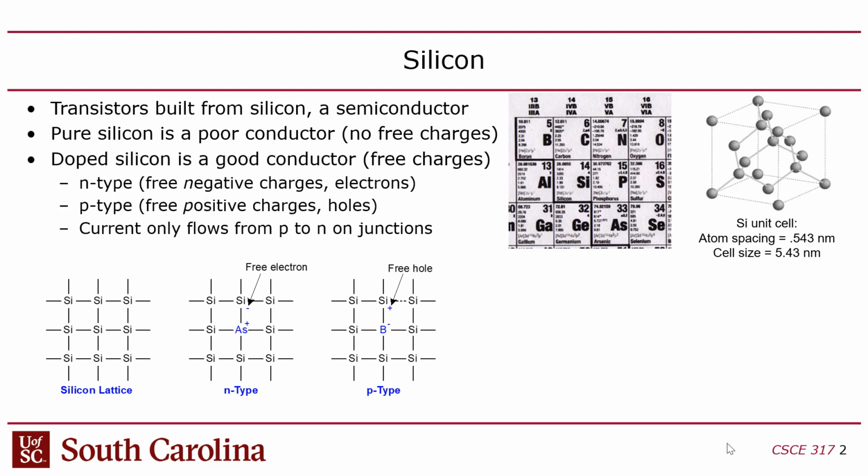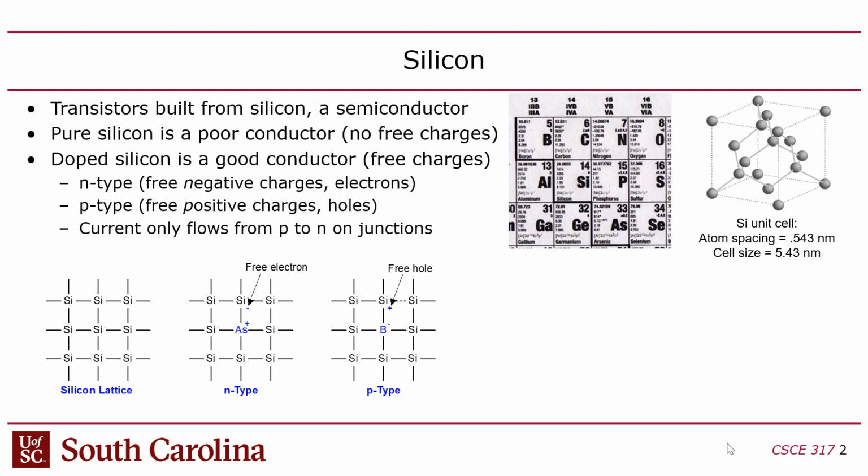And you can dope the silicon with one of these elements, meaning that those elements will take the place of a silicon atom at certain points in the lattice. Now, the number of silicon atoms you're replacing with a dopant is determined by how heavily you want to dope it.